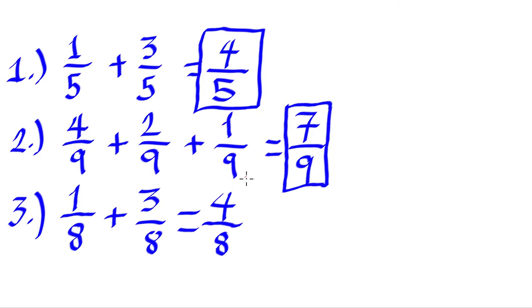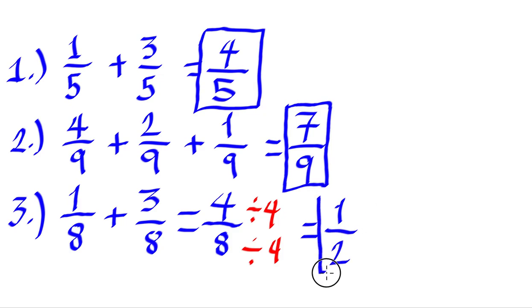Which means they can still be divided. They can be simplified to the lowest terms. That is, we can divide this 4 by 4, and we will divide this 8 by 4. 4 divided by 4 gives us 1, and 8 divided by 4 gives us 2. And this is the simplest form, and this is our answer.